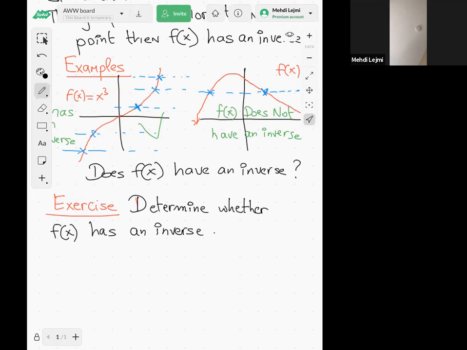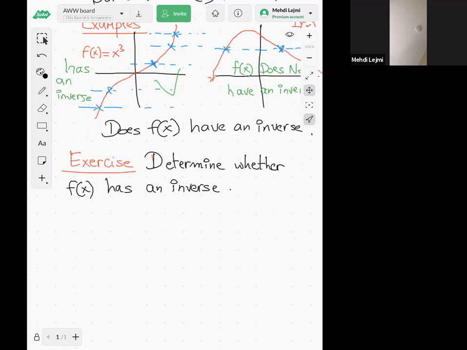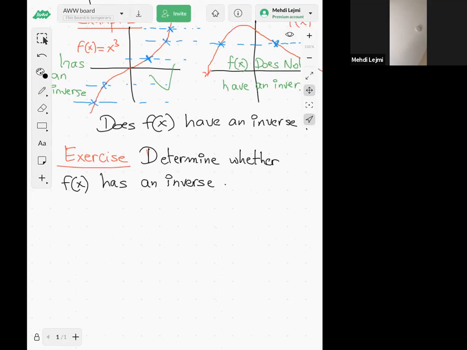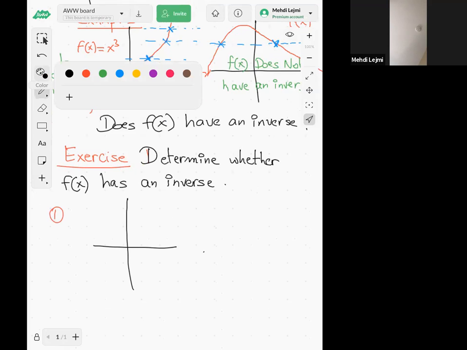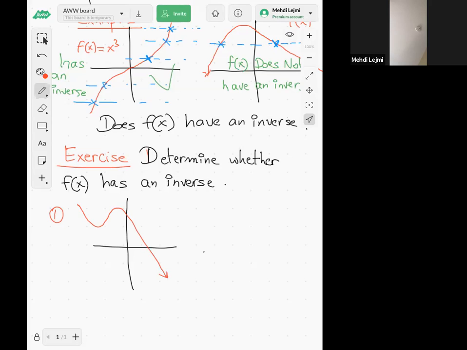Here's the first graph. This is your first f of x.